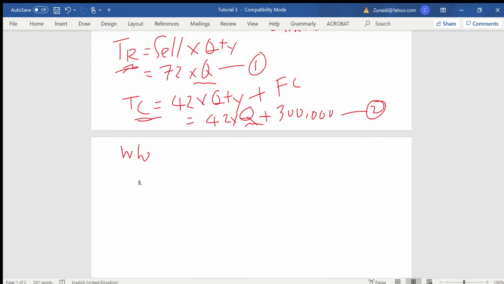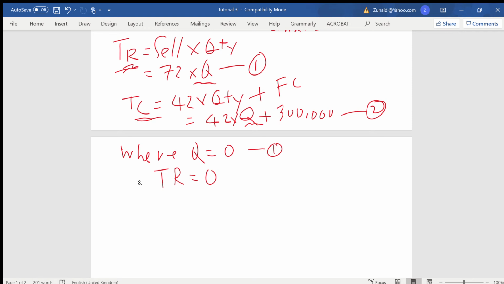First we need to find out where Q equals 0. We put Q equal to 0 in equation number 1, and we find TR equals 0 where Q equals 0.